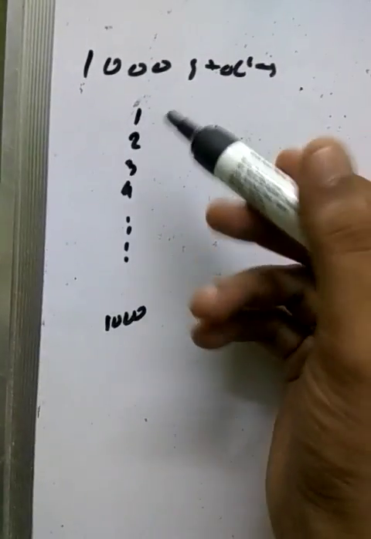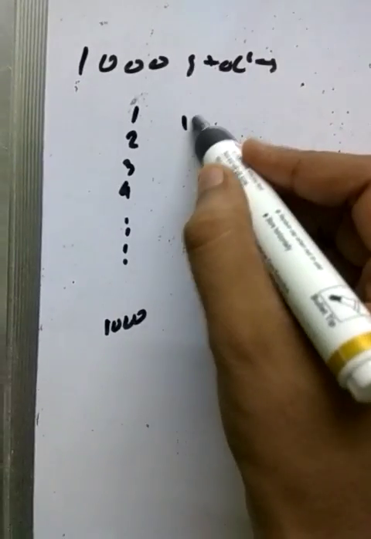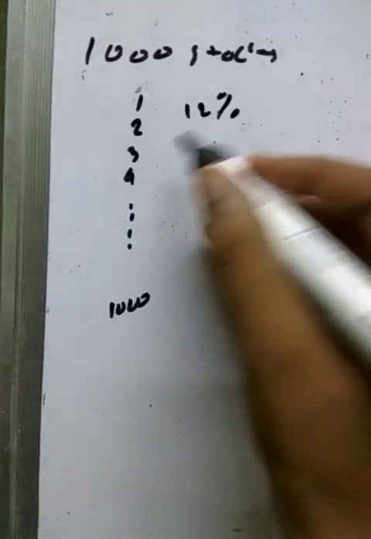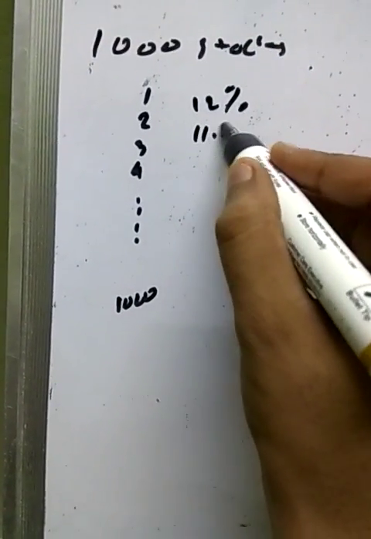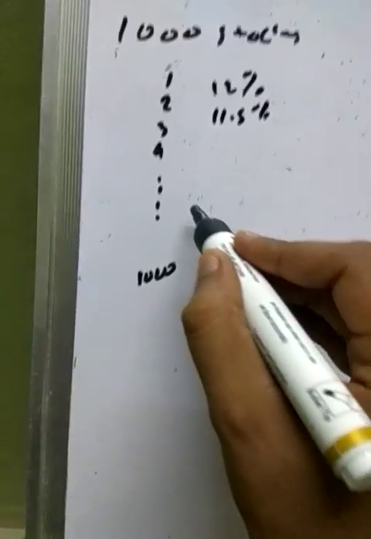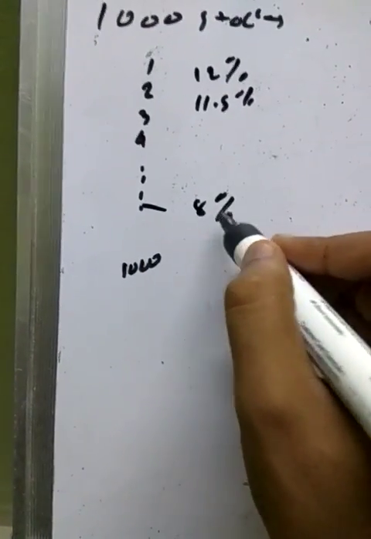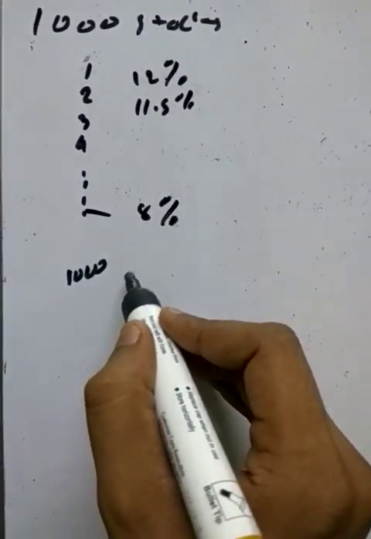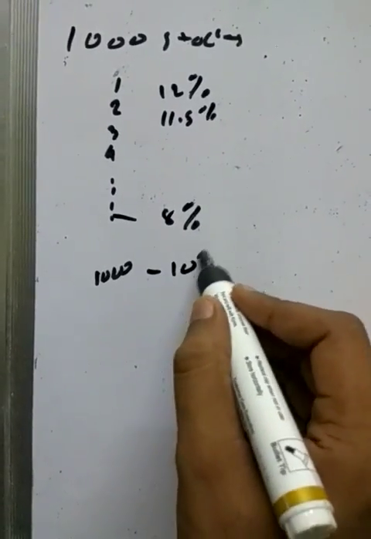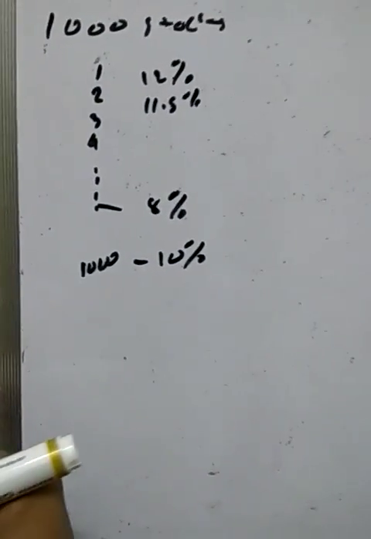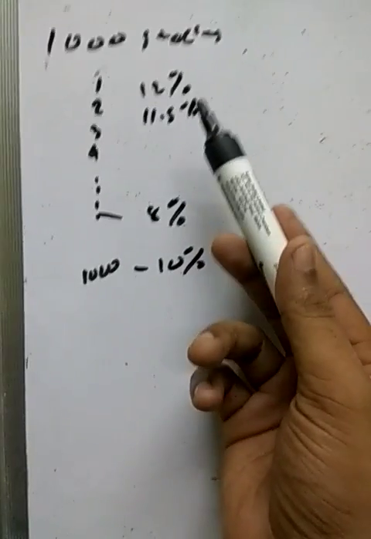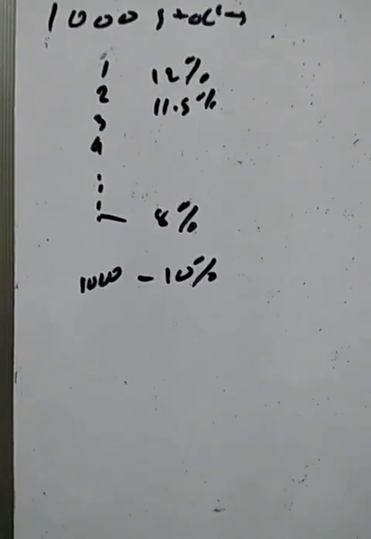Suppose there is one stock where I expect a return of 12%. The second stock will have 11.5%, and so on. In the middle it will be like 8%, and at the bottom I am expecting it to go down by 10%. So according to the expected returns I am ranking them.